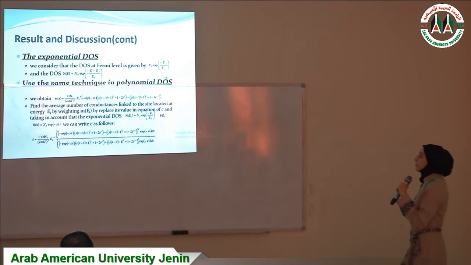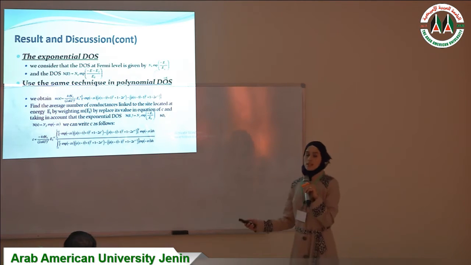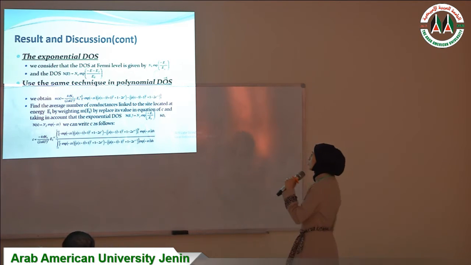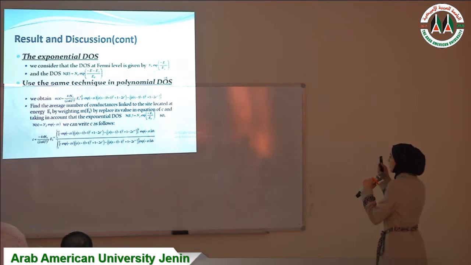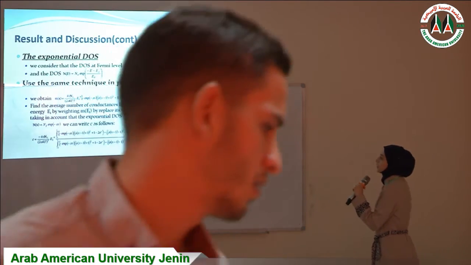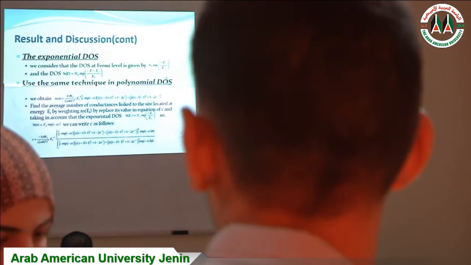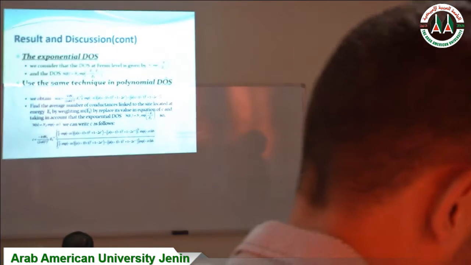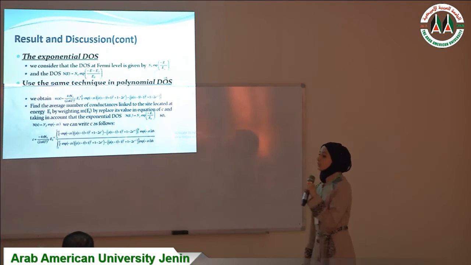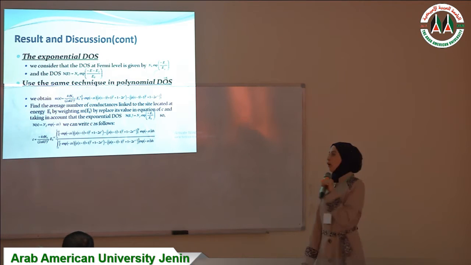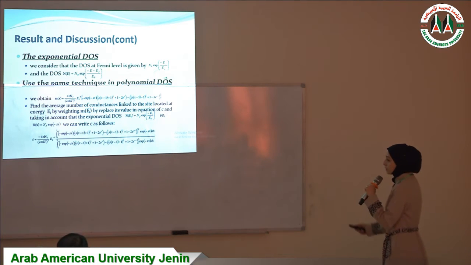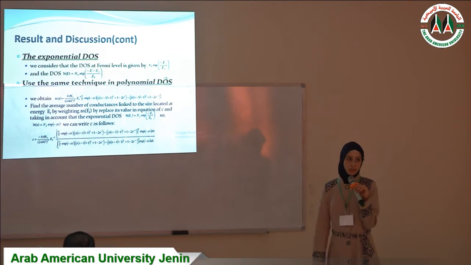Okay, the experimental density of states. This is our assumption. We assume that the density of states has this relation, N(E) equal N0 exponential of (E minus E_F) over E0. Then we take the same technique of Butesh, and we take also the same assumptions.